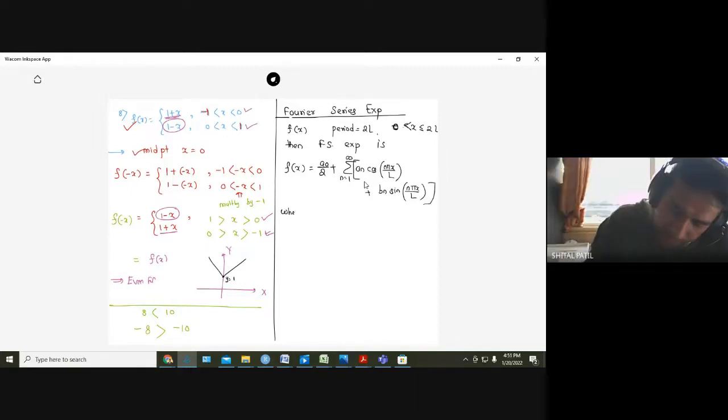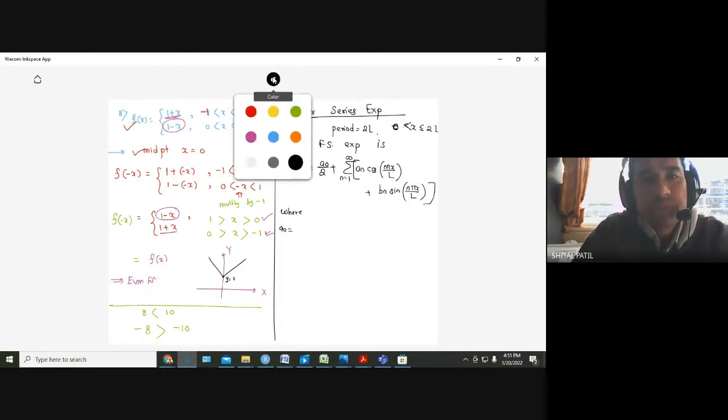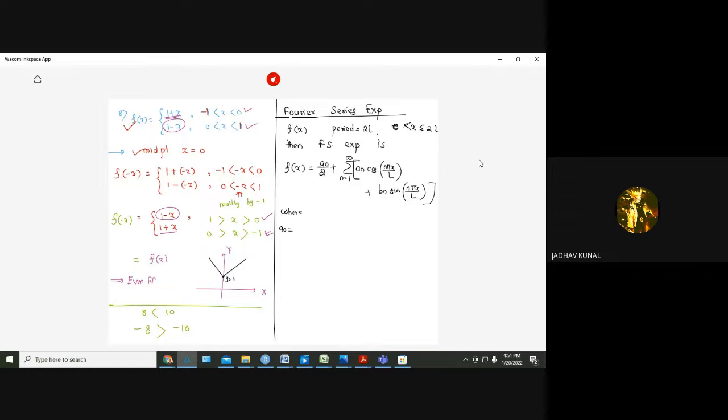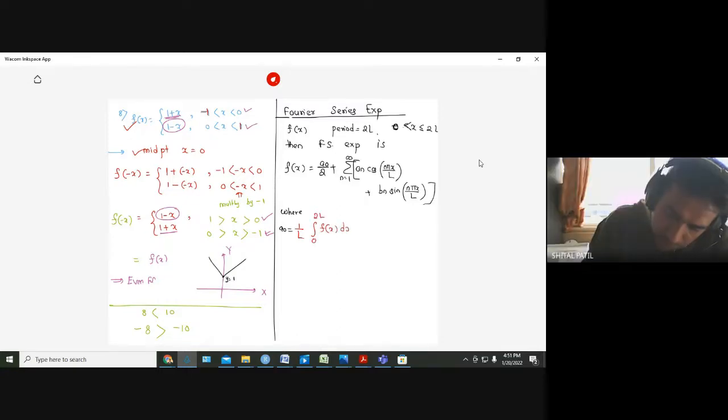Where, anyone remember what the a naught was? The first coefficient: 1 upon L, integral from C to C plus 2L of f of x dx. So here it will be 0 to 2L of f of x dx.